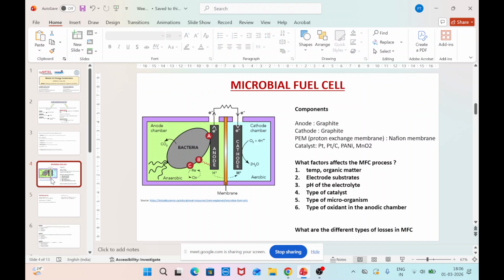There are multiple different types of losses, like concentration losses, activation losses, ohmic losses, and then losses in the H plus ions during their movement through the membrane, and the electron losing energy, which is the ohmic loss. All these contribute to the decrease in energy generation from the fuel cell. Similarly, in the case of the microbial fuel cell, all these problems remain.